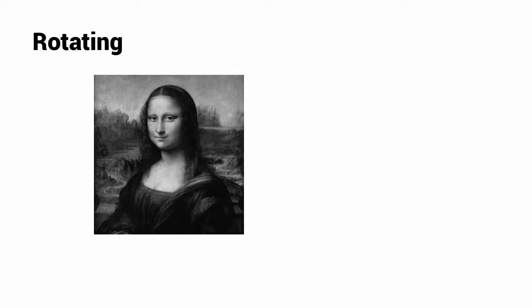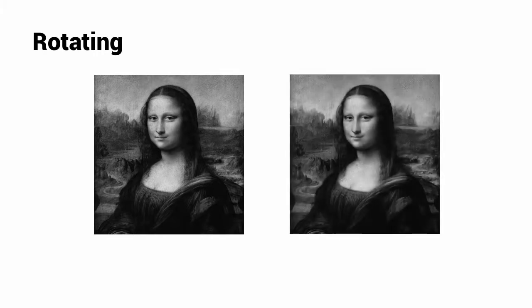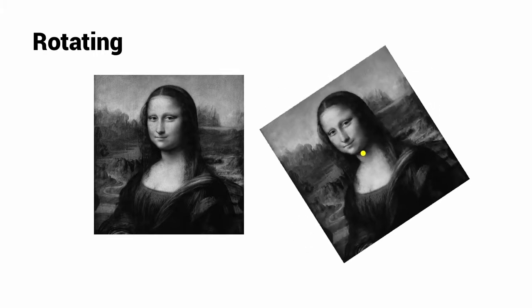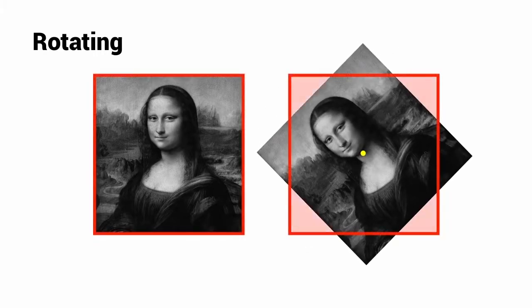I could consider rotation. In order to rotate the image, I first need to decide the point about which I will rotate. So we'll rotate about a point here just underneath her chin, and we will rotate by something like 45 degrees. When we place this rotated image into a frame which is the same size as the input image, we see a couple of interesting things.